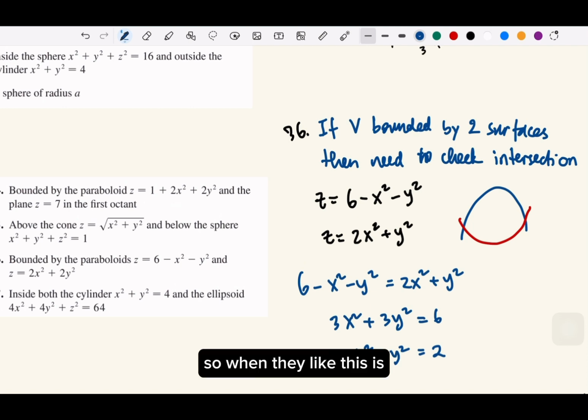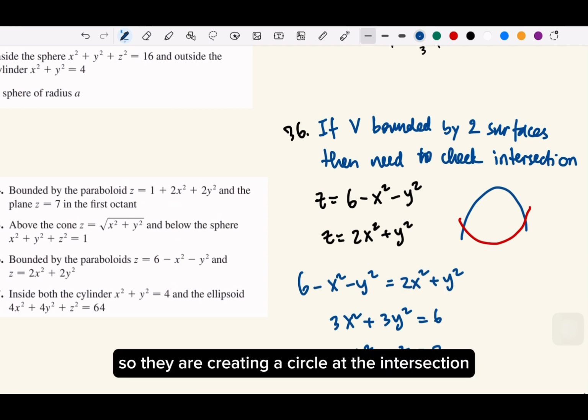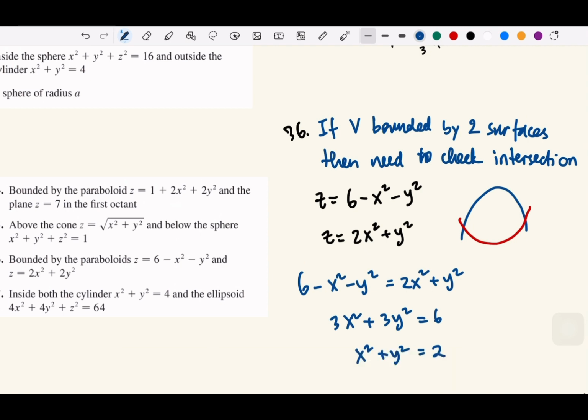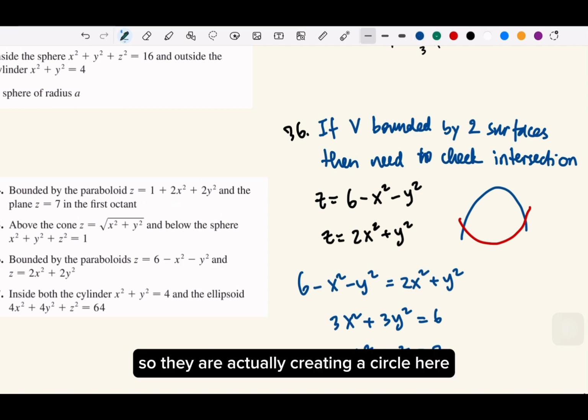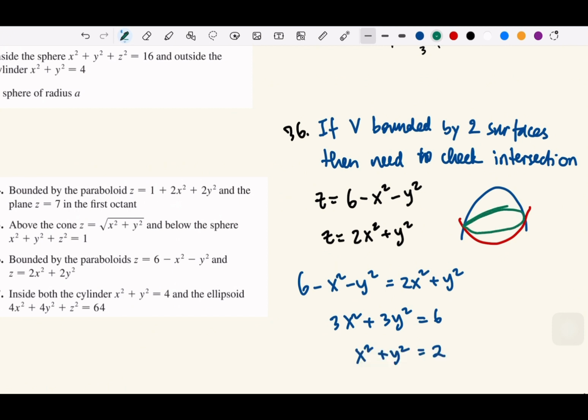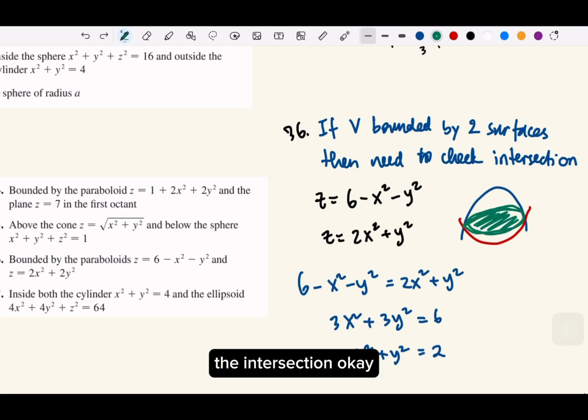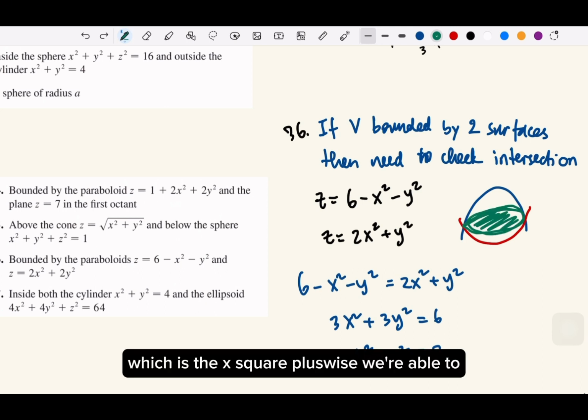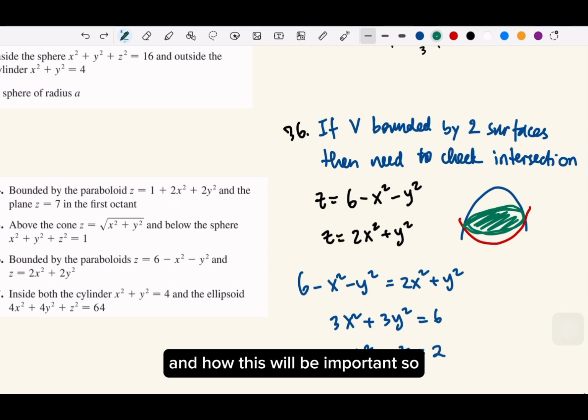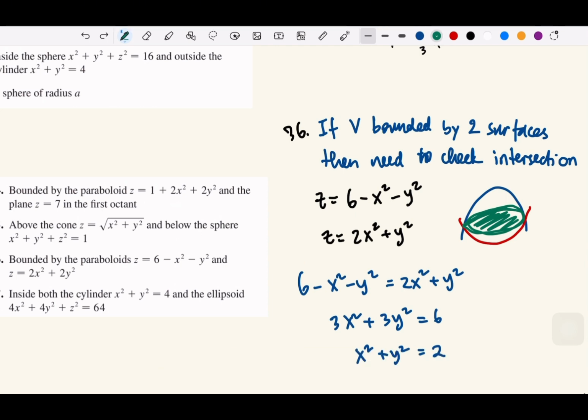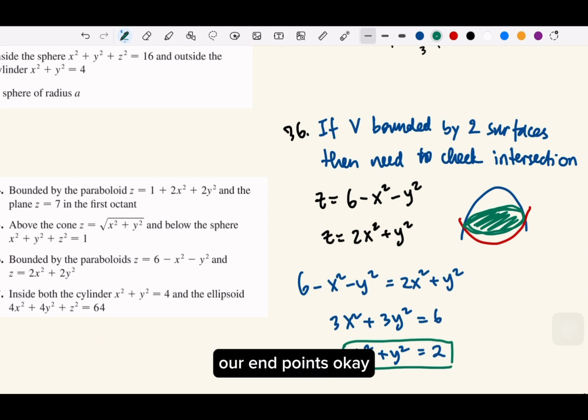This is a paraboloid, this is another paraboloid, so they are creating a circle at the intersection. That is the intersection, x squared plus y squared equals 3, and this will be our endpoints, okay?